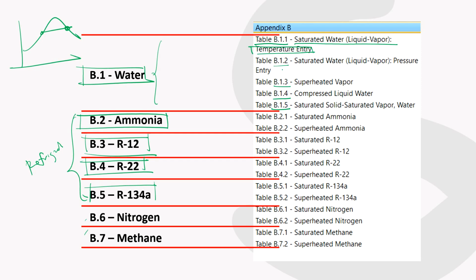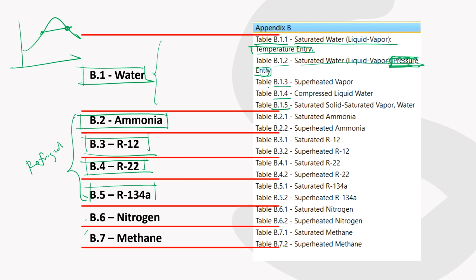Table B.1.2 is actually the same saturated water, liquid-vapor, but the entry is pressure instead of temperature. Let's say our available data from a given problem is given in terms of pressure rather than temperature. Then we will use this table B.1.2.